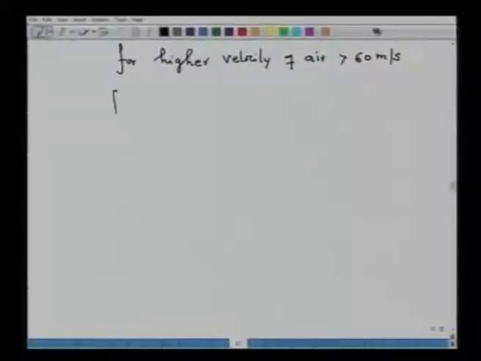The flow becomes compressible in nature, and then one has to integrate the equation, dP upon rho, because rho is no more a constant. That will be equal to V1 square upon 2.